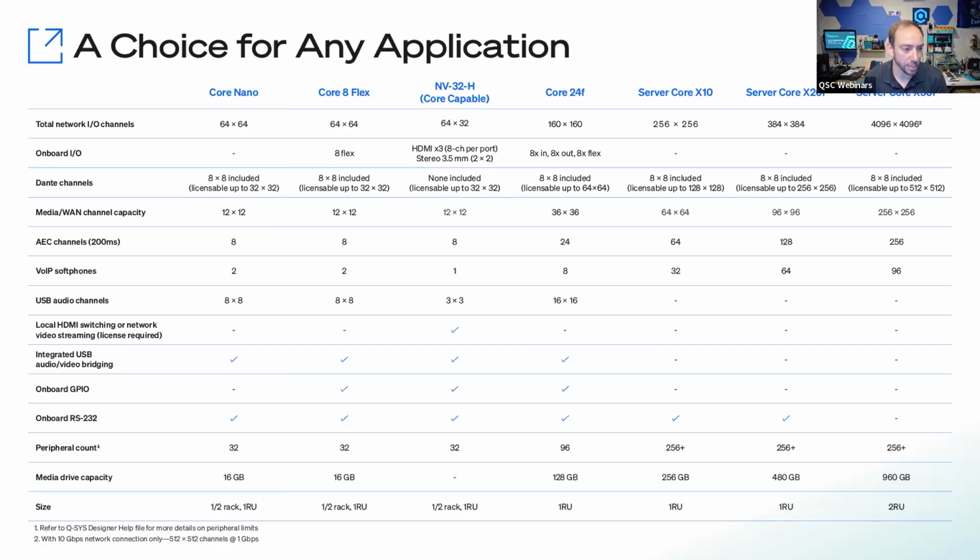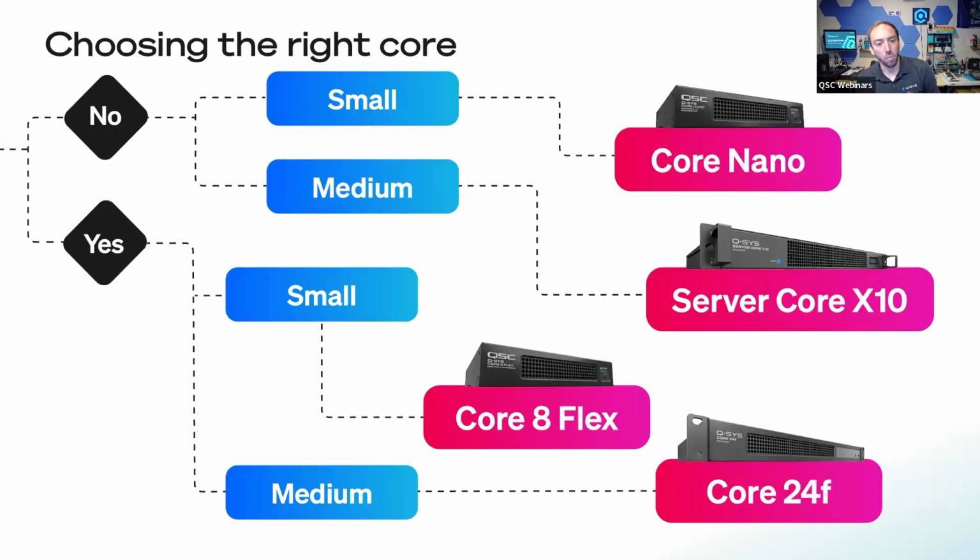That increases AEC, it increases media and WAN channels, increases the number of peripherals, and that is not shown on here, but we'll talk about it right at the end. So we have been on this sheet for a moment, so I'm going to go to the next slide.